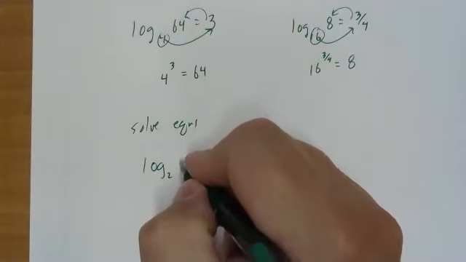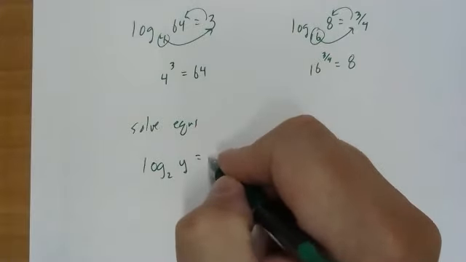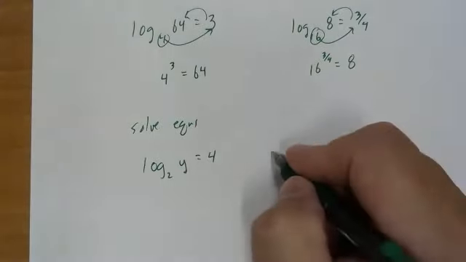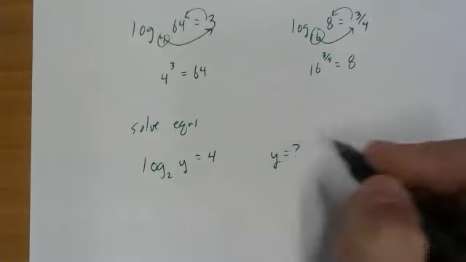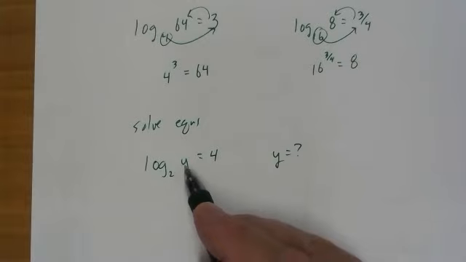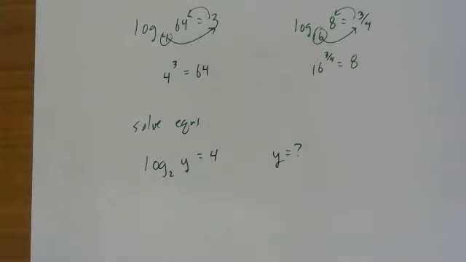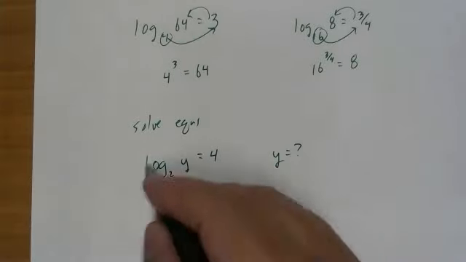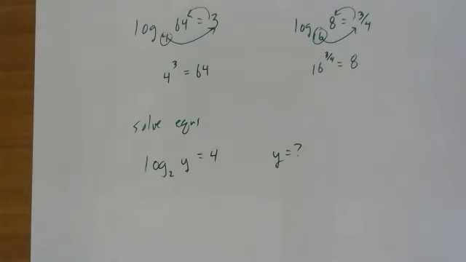Log base 2 of y equals 4. So we want to solve for y. I'm going to get a number for y. What number can I plug in for y that makes this equation true? The way I'm going to solve for y is to convert this log equation into an exponential equation.